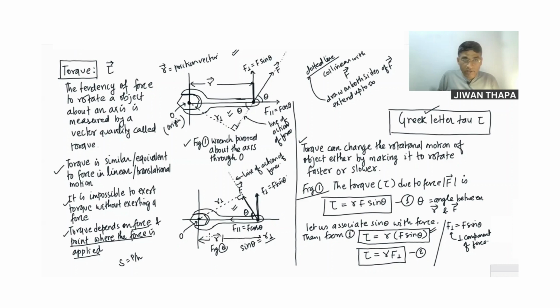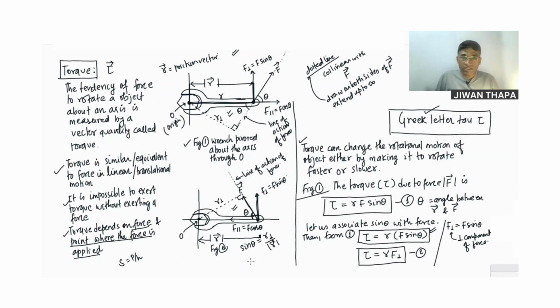In magnitude we can write it as R. So we can write sine theta equals R perpendicular by the magnitude of the position vector.